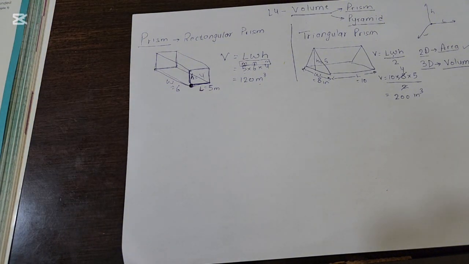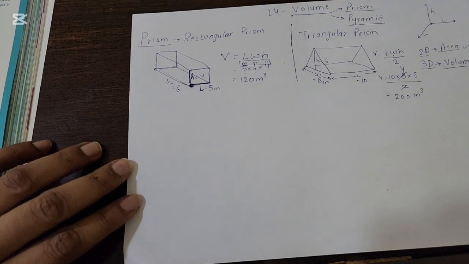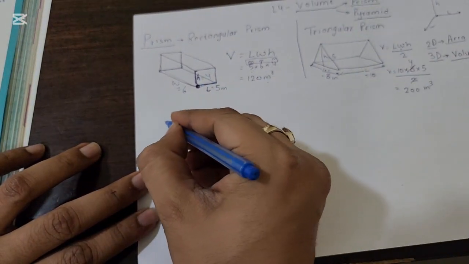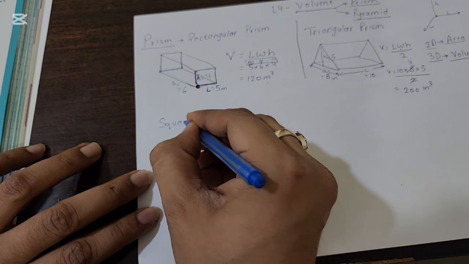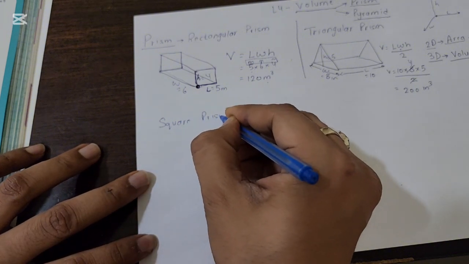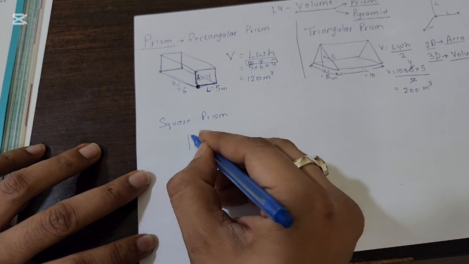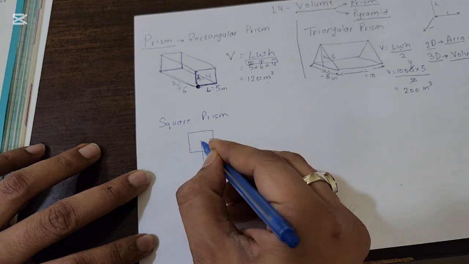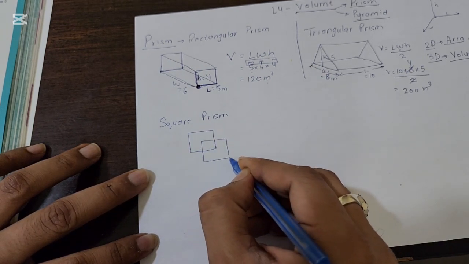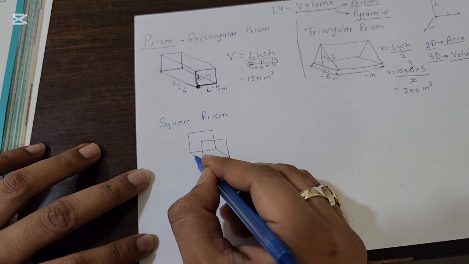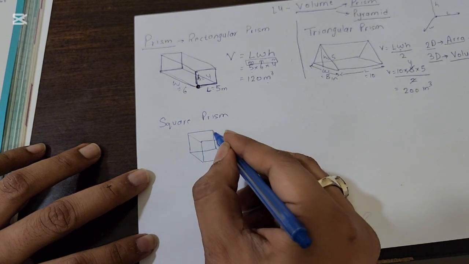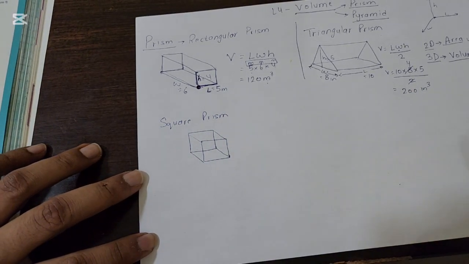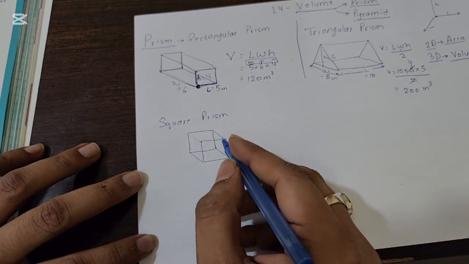So this is the prism. He can give you a square prism also. In the square prism, the length, width and height are all the same, so he will not give you all three.